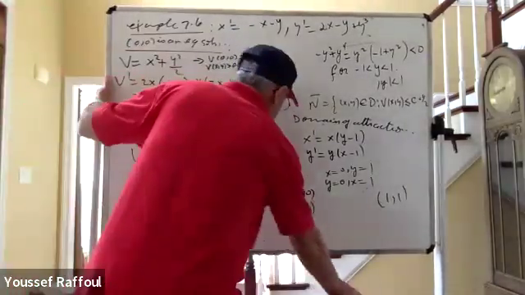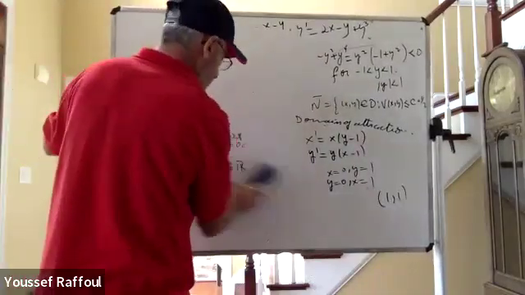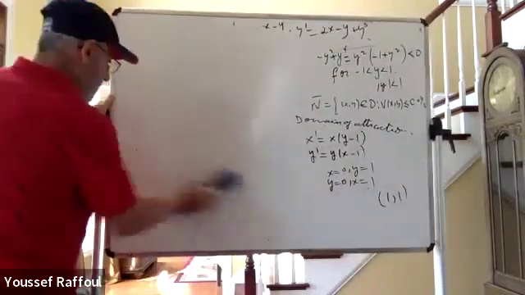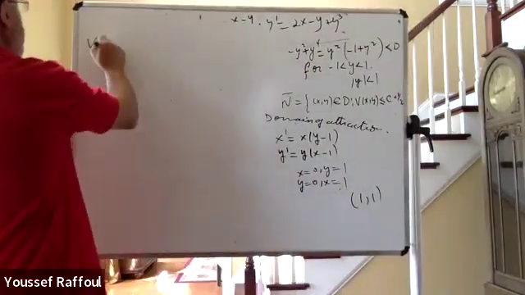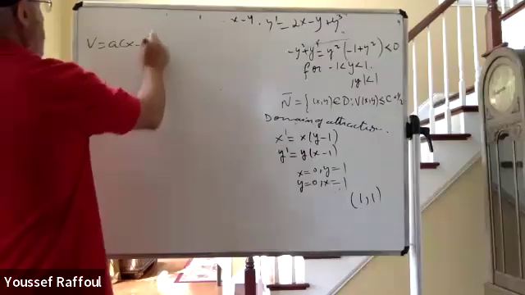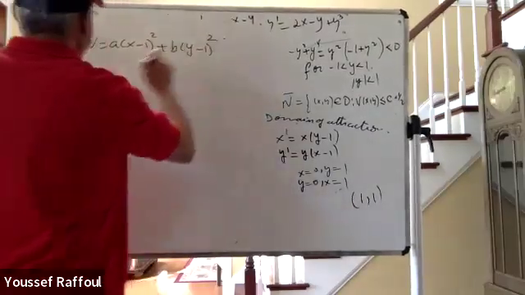How would you define this Lyapunov function for the other one? What you're going to do is take V equal a times (x minus 1) squared plus b times (y minus 1) squared.